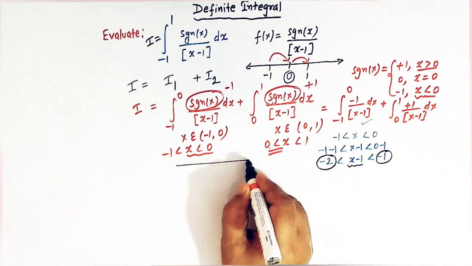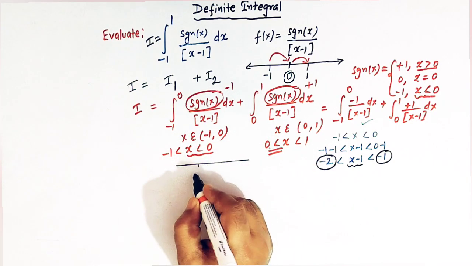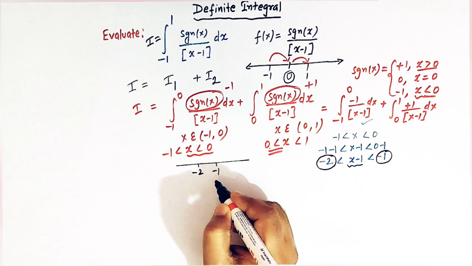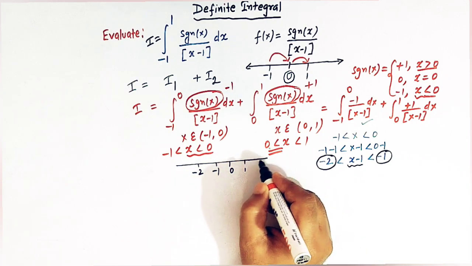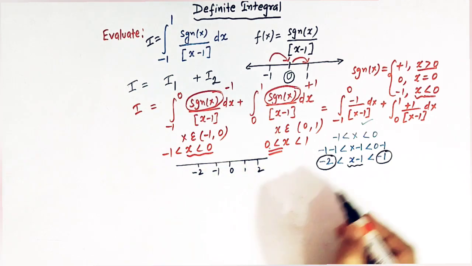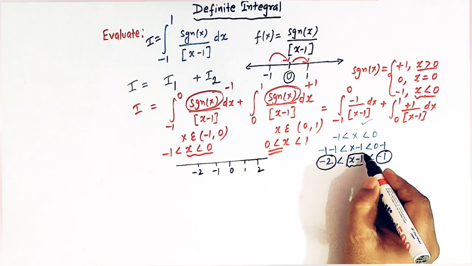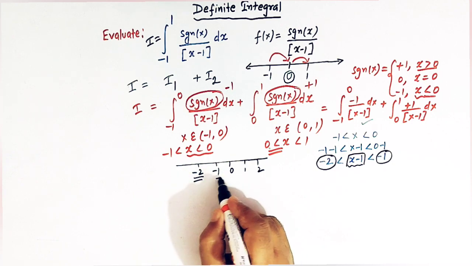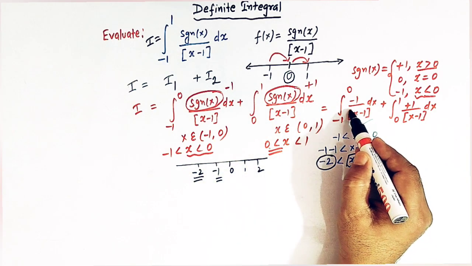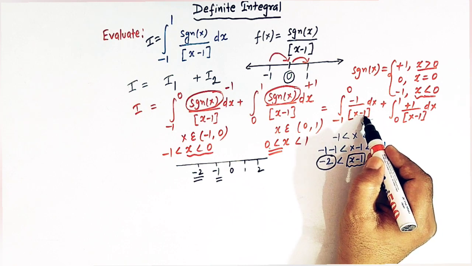So if we have the real number line, here we have minus 2, here we have minus 1, then we have 0, and here we have 1, and then we have 2, right? So x minus 1 lies between minus 2 and minus 1. So what is the greatest integer of x minus 1?